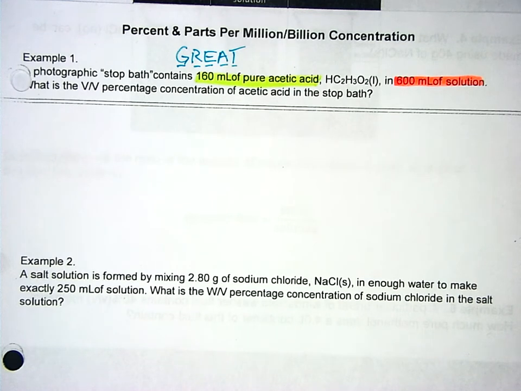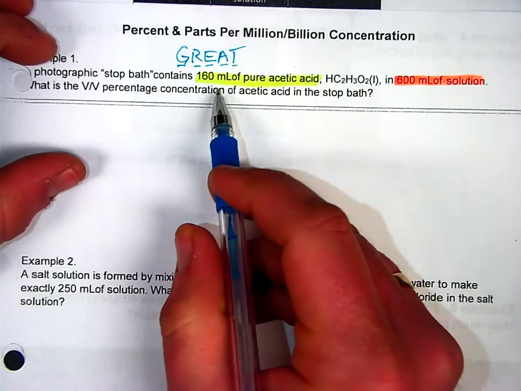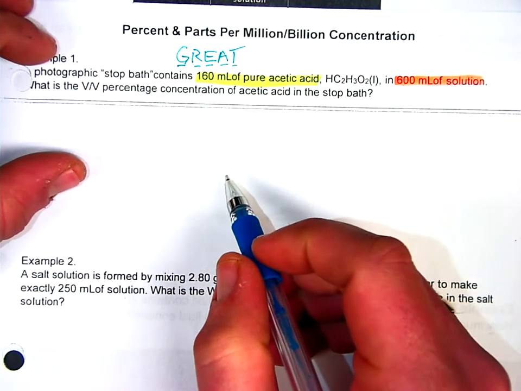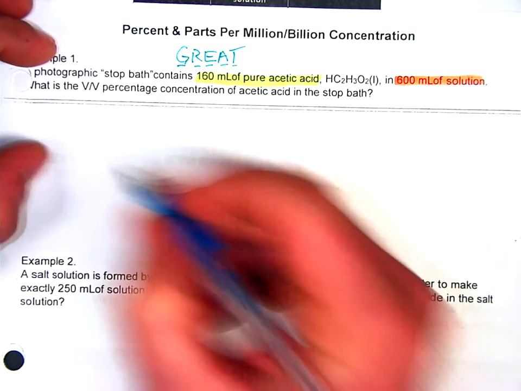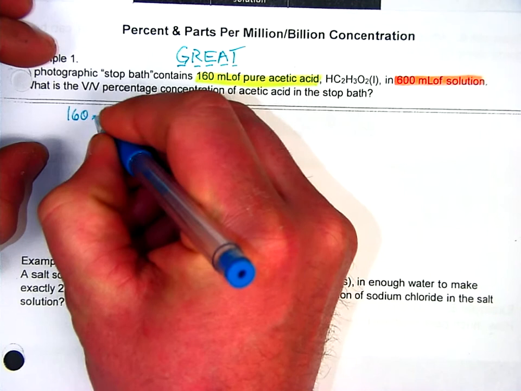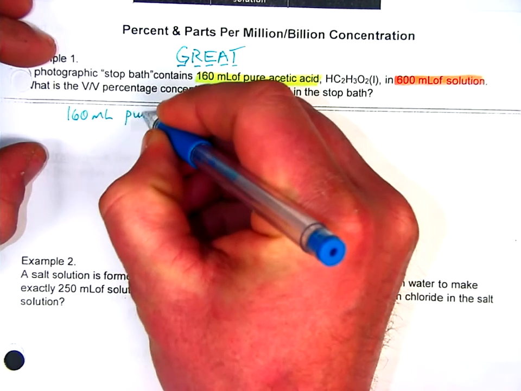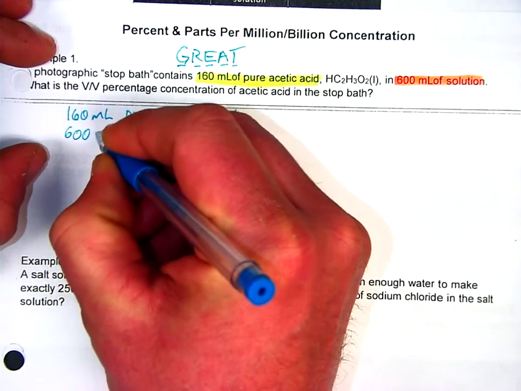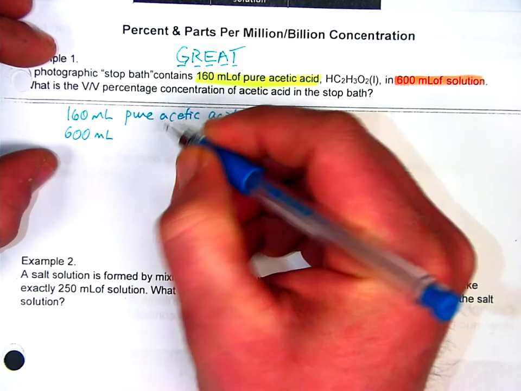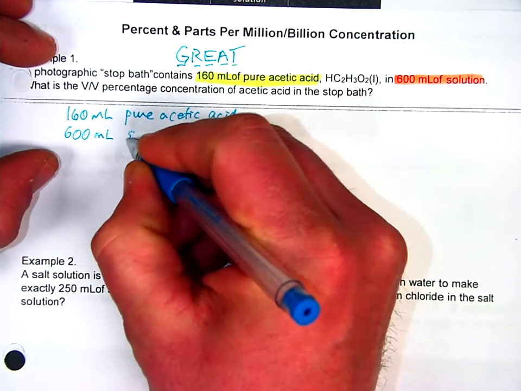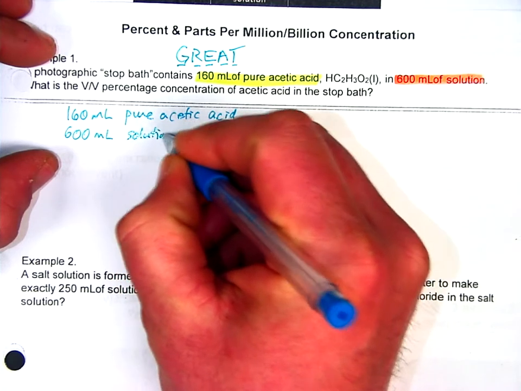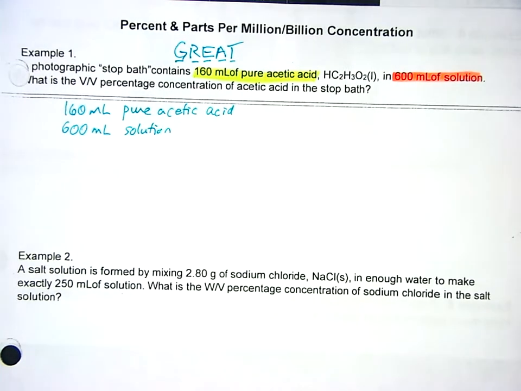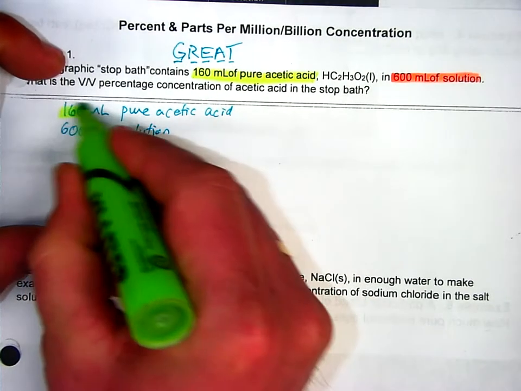So we have our information. We have 2 bits of key information here. We've got the 160 milliliters of pure acetic acid and we've got it in a final volume of 600 milliliters of solution. And that's just right from the question.